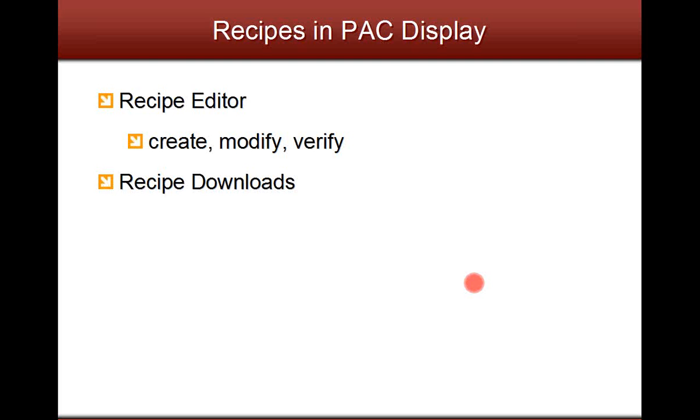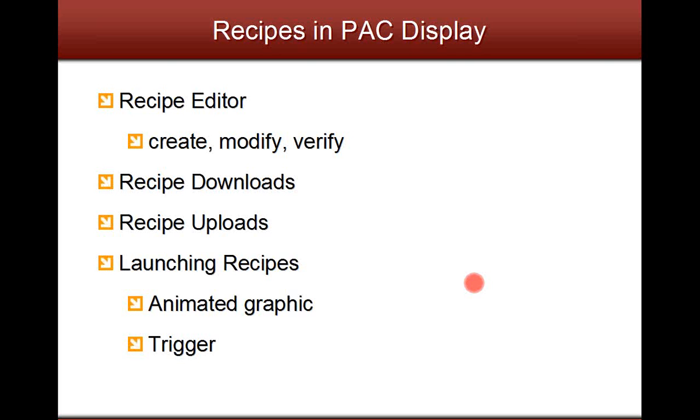I'll show you how to create a recipe download file, and that file will contain all the new data, values, and any chart control commands that you want to send to a PAC Control strategy running in a PAC controller. We'll also create a recipe upload template. This template file specifies what data you want to record or store in a file on your PC. And I'll also show you some of the various ways that you can trigger these recipes.